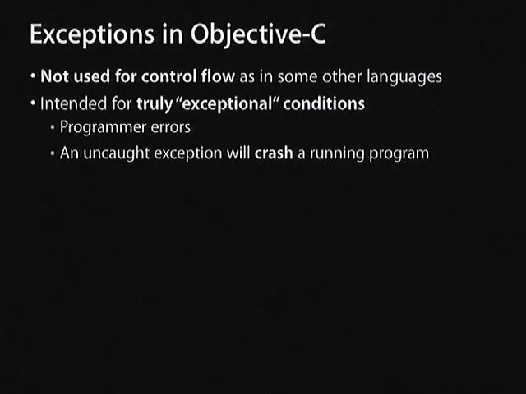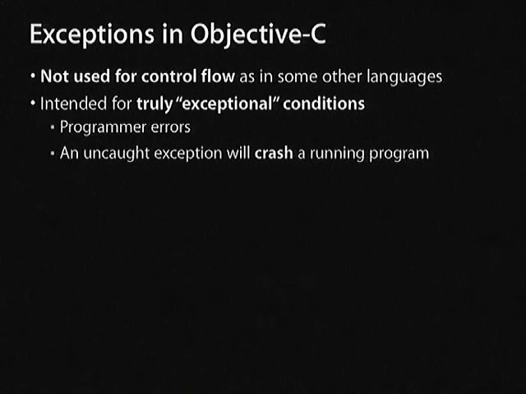The first thing I want to talk about is you may be familiar with the concept of exceptions from other languages, Java, C++, where when you get an error, you throw and you catch the exception, and you can handle it in some way. The convention in Objective-C is less about using exceptions as a branching mechanism, and more about really handling cases that are problems in your application.